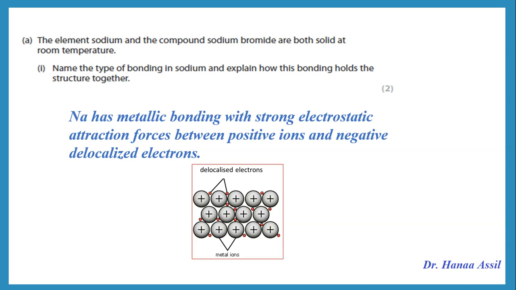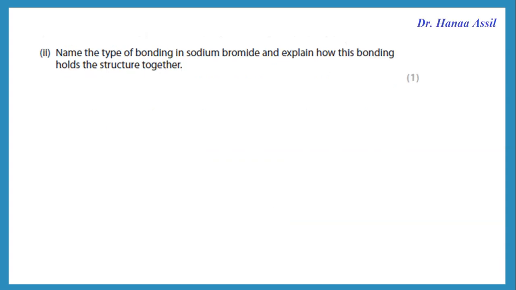Remember, a metal is made up of regular rows of positive ions surrounded by a sea of delocalized electrons. So this metallic bond is the strong electrostatic attraction forces between these two particles, the positive ions and negative electrons.